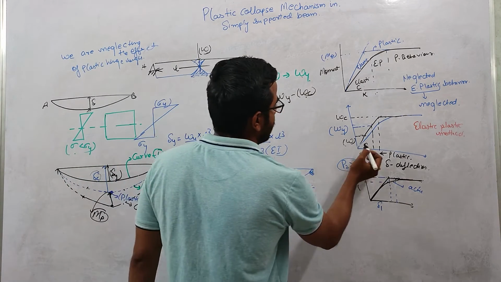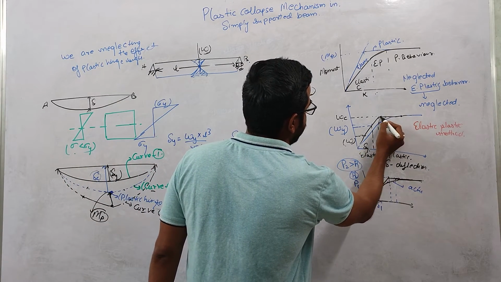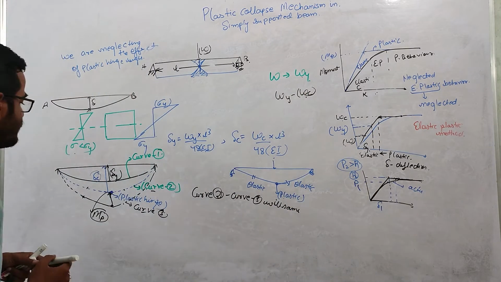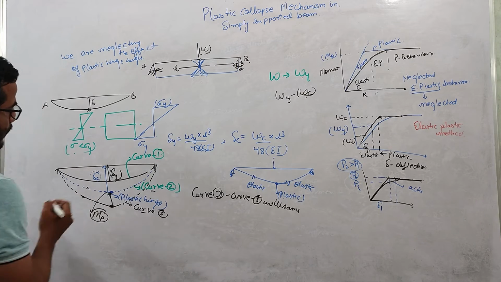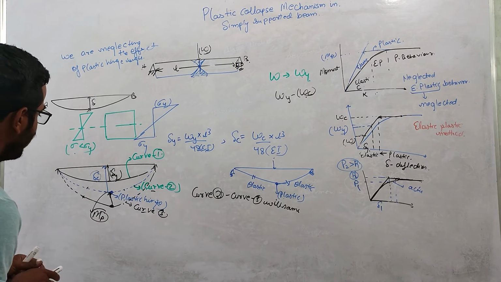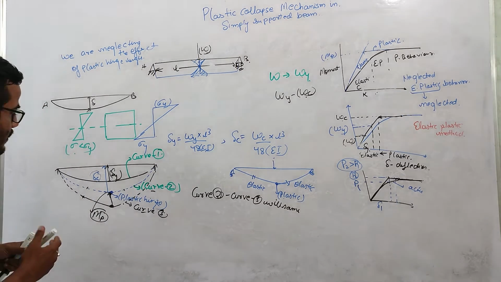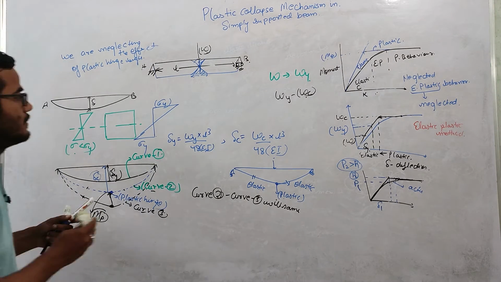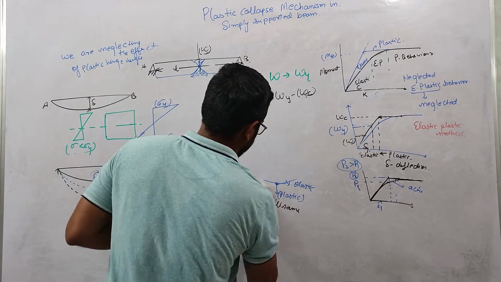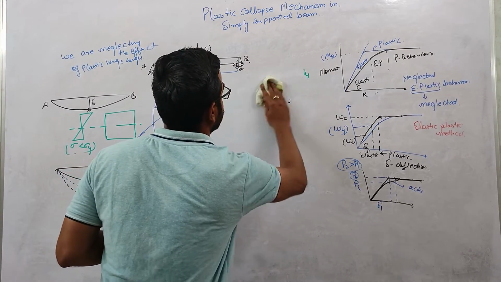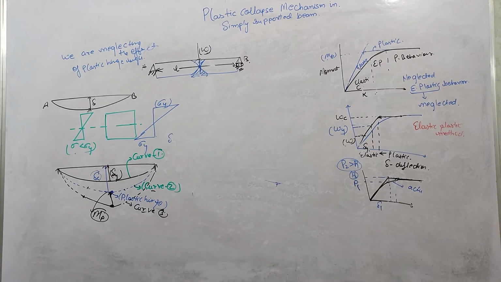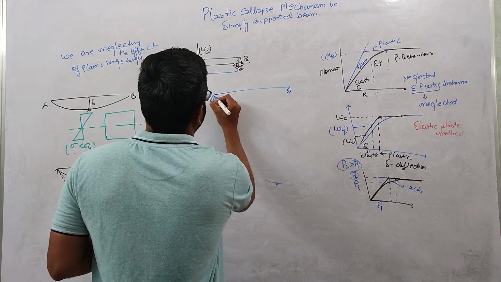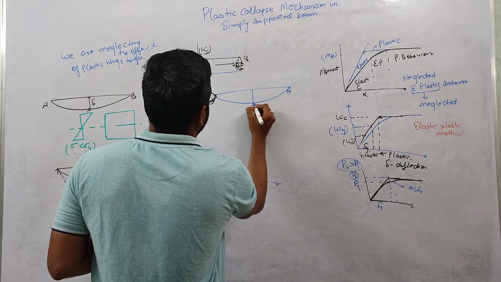Here also you can see that there is an increase in displacement at constant load WC. Okay. So now what is happening when we reach the start of the collapse, you can see that at the start of the collapse, this looks like this.